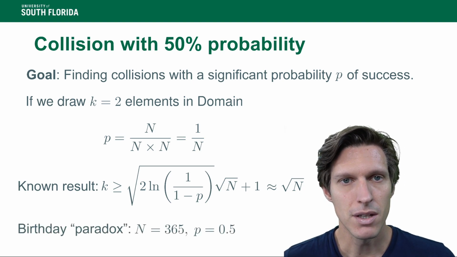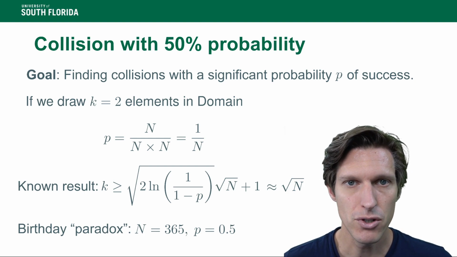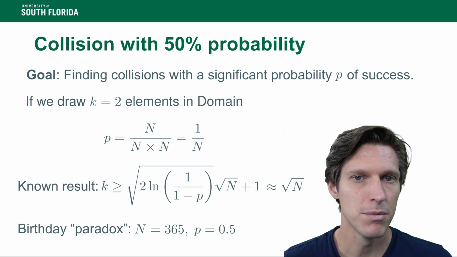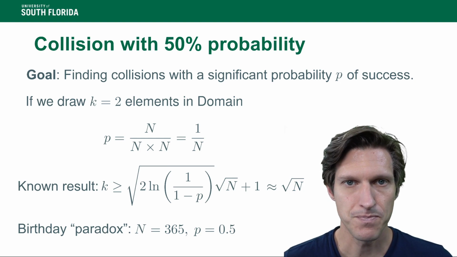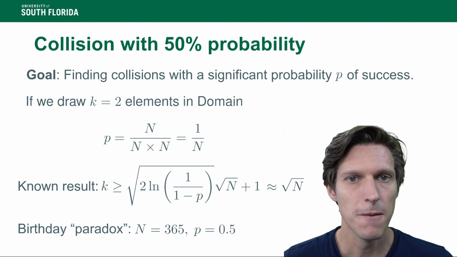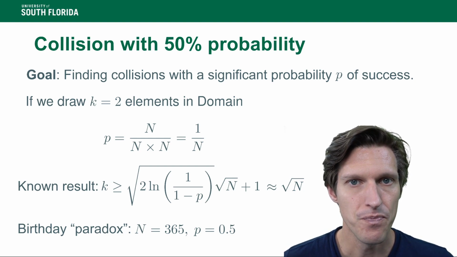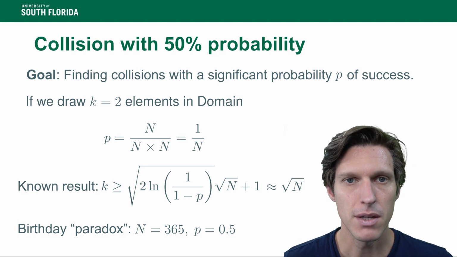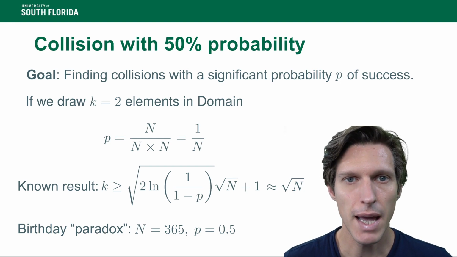Now, there is an interesting instance of this problem, what's called the birthday paradox. It's a term that comes back a lot when people talk about the probabilities of finding collisions with hash functions. So where does this come from? Well, you can define a hash function that takes as input people and outputs birthdays, numbers between 1 and 365, each of those numbers corresponding to a day in the year.